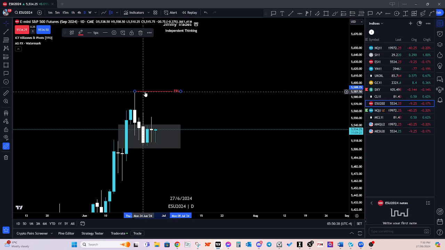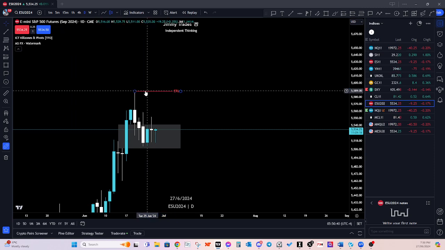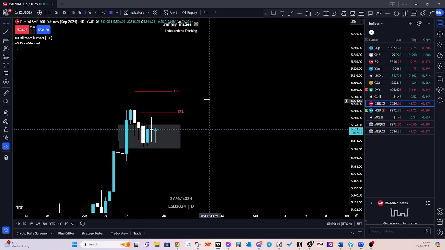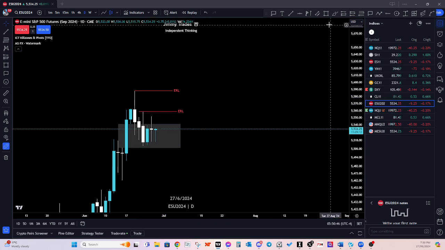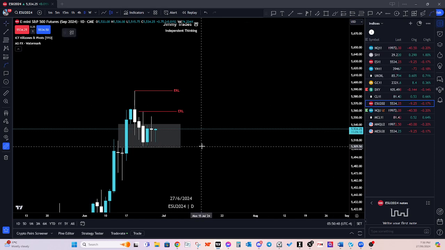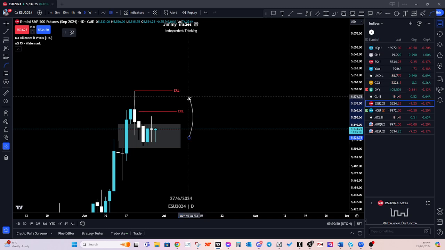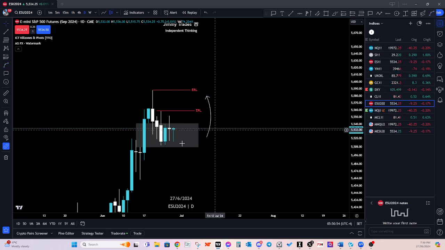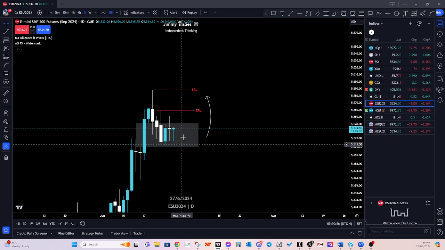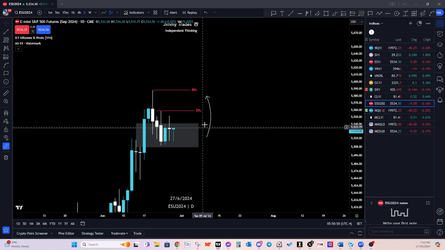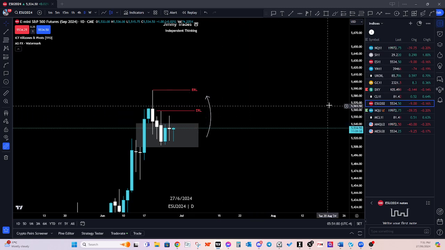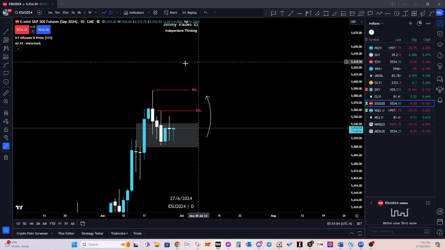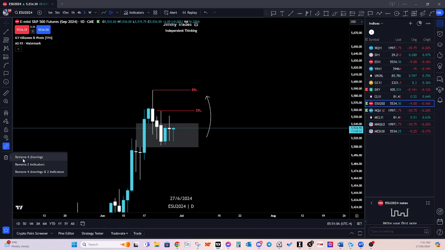We also have another ERL just here. So I'll be anticipating price to move higher. As long as we continue to hold this FVG, I would expect to see price continue higher. So I'm going to call the daily a bullish bias today on ES.